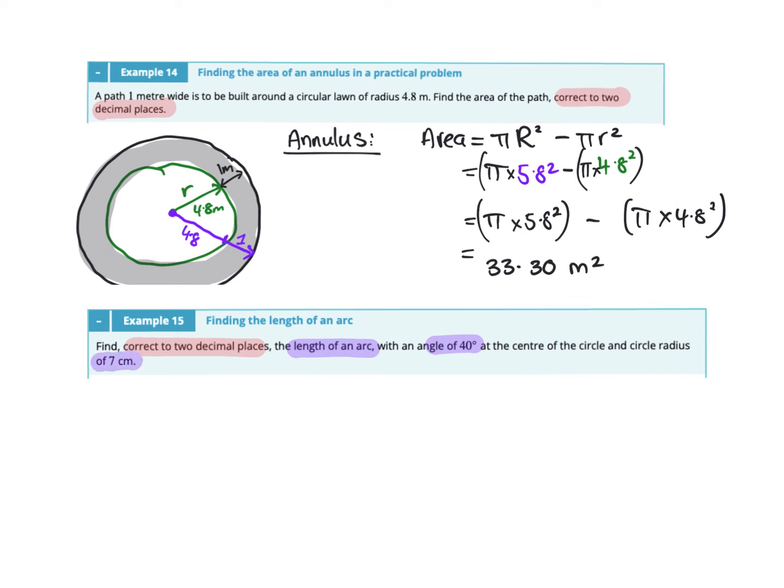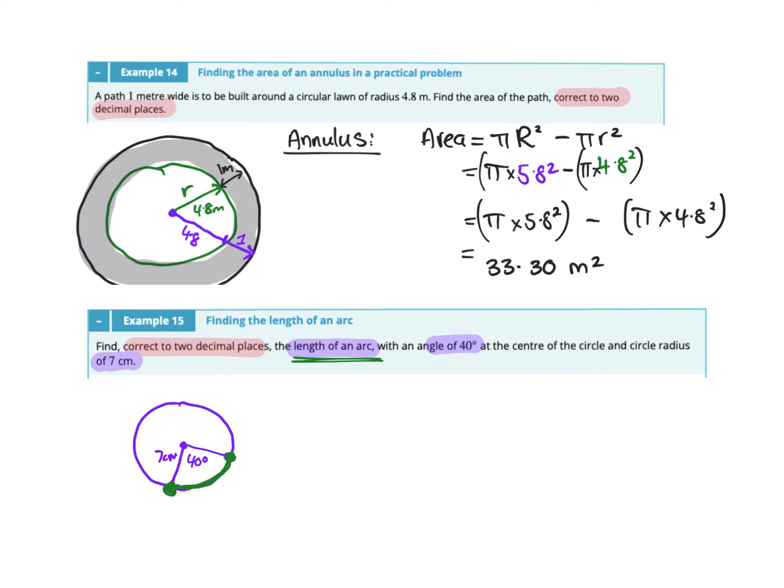So what they're saying is you've got a circle, okay, and the radius is 7 centimetres. When we've got an arc length, remember the arc length goes around the edge, between 2 points. So I'm just making this up. But what they're saying is the angle between them at the centre is 40 degrees, okay?